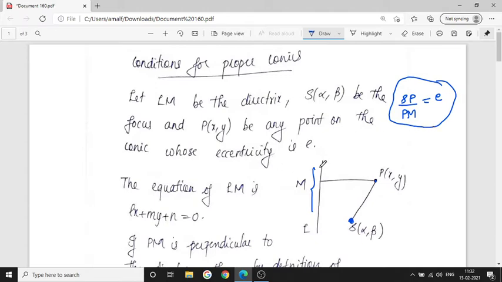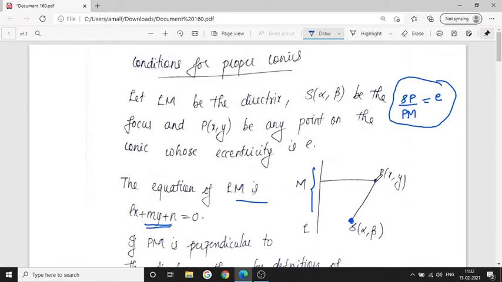Now LM is the directrix, so that is a line. So let me take the equation of LM to be lx plus my plus n equal to 0.